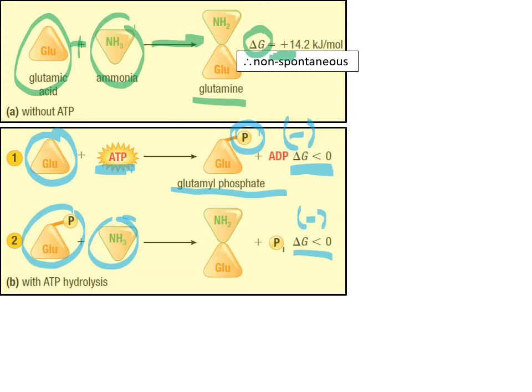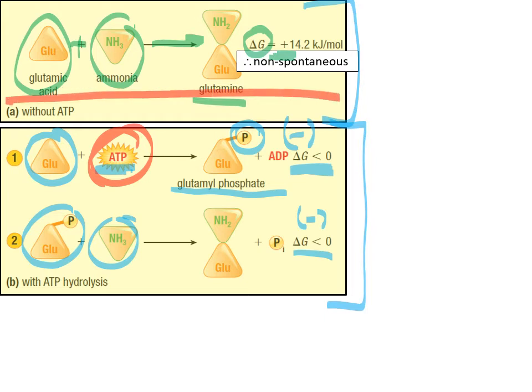And think about this, right? There is no free lunch. This is not the exact same process as above. The difference between the first process and the second process, of course, is that you're using ATP. So you have to destroy an ATP molecule in order to get this process to happen. That's what ATP is for. This is why we use it as a form of storing energy. The process without it won't happen on its own. It is non-spontaneous.